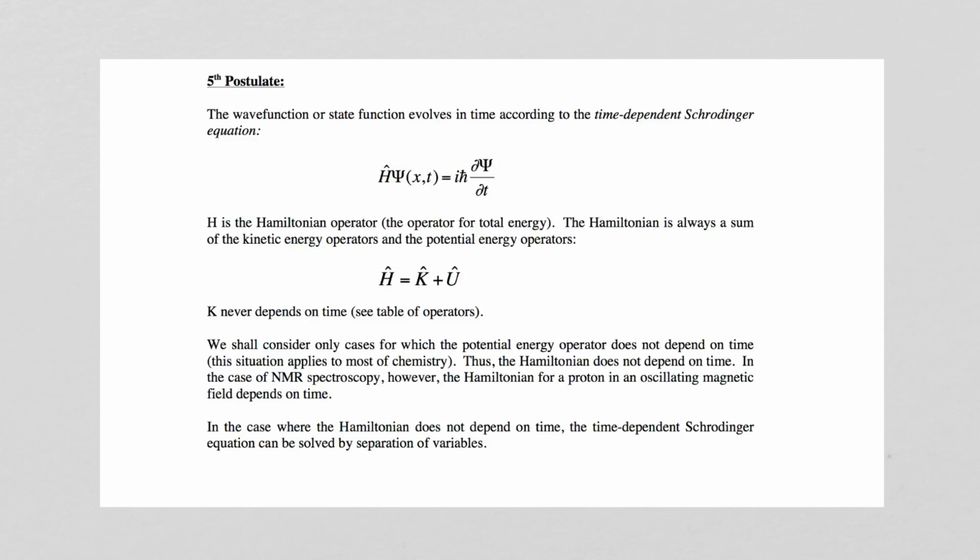That simplifies things a lot for us. When you get to grad school, you'll spend a lot more time looking at the time-dependent version of the equation, but we'll simplify things as we start out and just focus on time-independent systems.